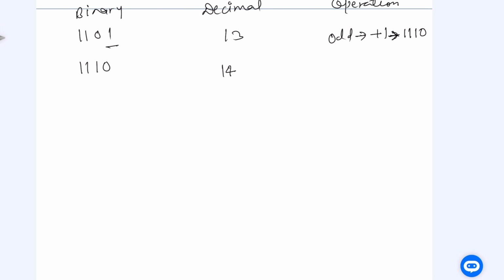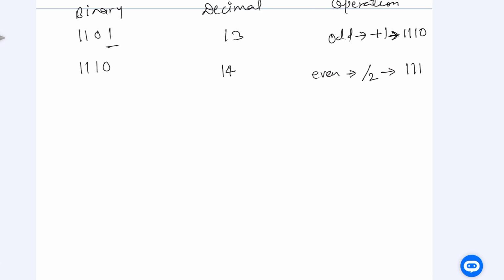Now it is even, so the decimal is 14, and 14 is divided by 2 easily. So we divide by 2, and 14 becomes 7, and 7 is 111, based on 8421.